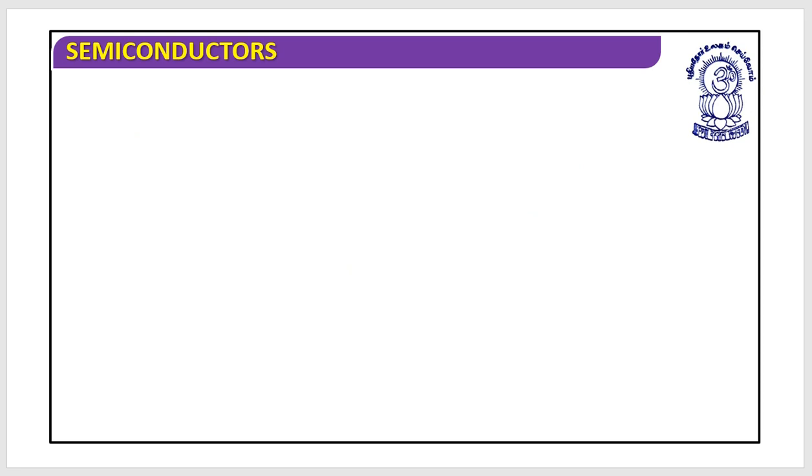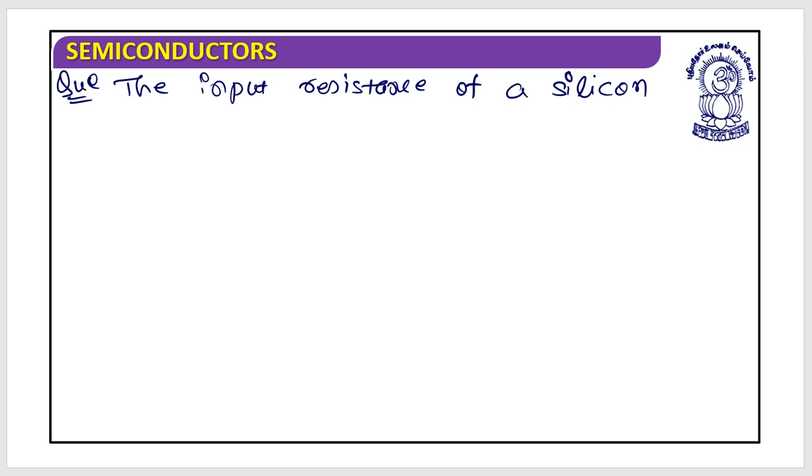Let's have a look. The question says that the input resistance of a silicon transistor is 1 kilo ohm.